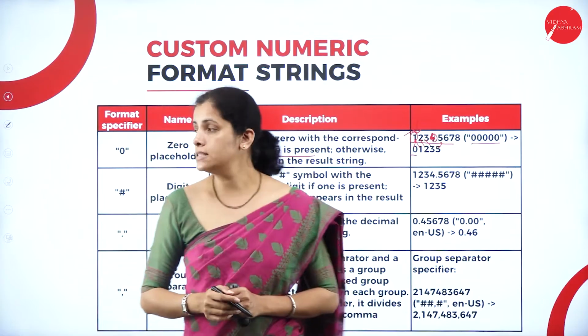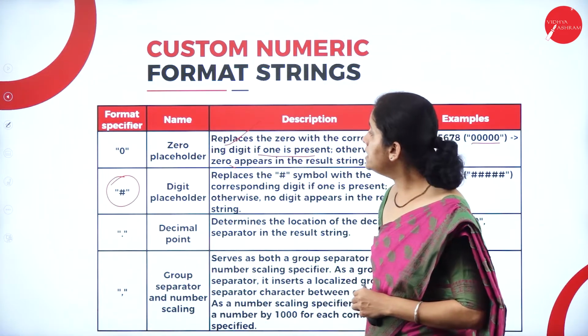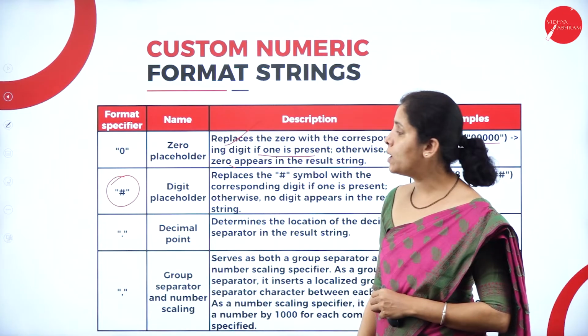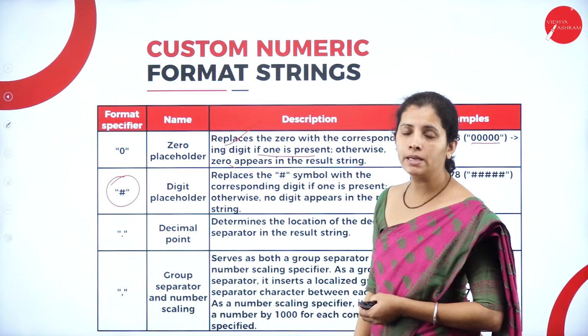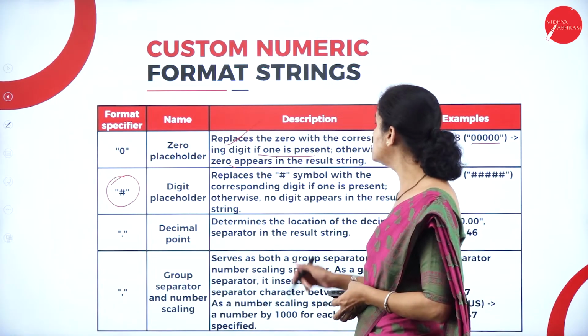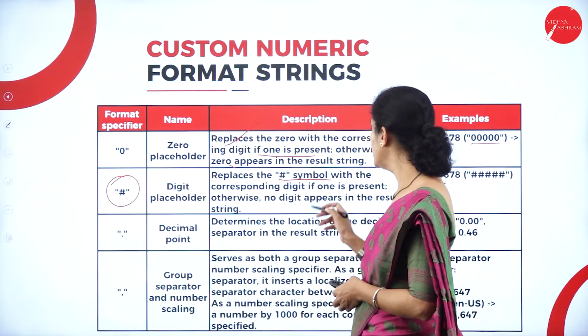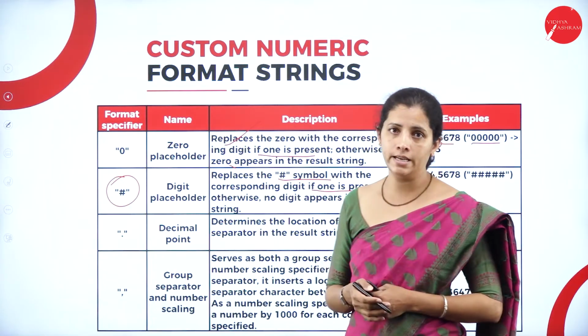Now, if I consider hash, it is the digit placeholder. So what is hash? It is nothing but the digit placeholder, and it replaces the hash symbol with the corresponding digit if 1 is present.